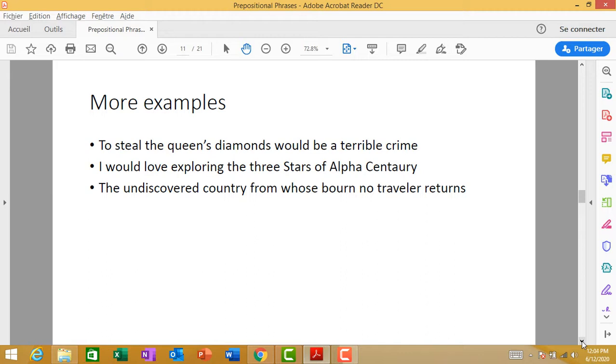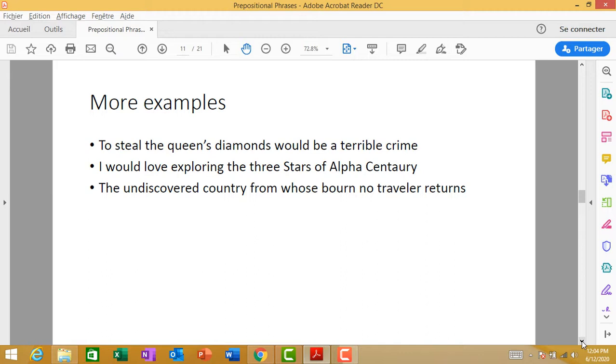So in this sentence, you have the word born. It's an old way of saying boundary. So that sentence means death is the undiscovered country from whose boundaries no traveler returns. So this is literally what it means.